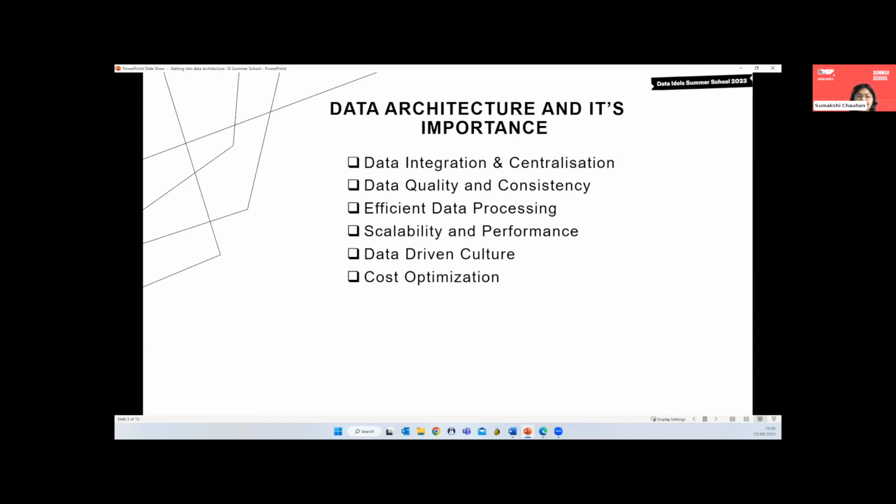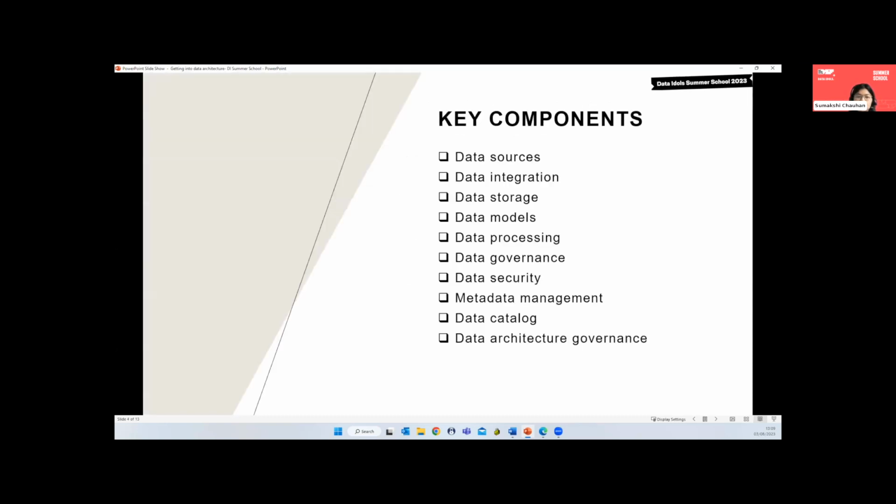Right. Now let's look at some key components of data architecture. A data architecture comprises several key components which work together to define the design and structure of an organization's data assets.